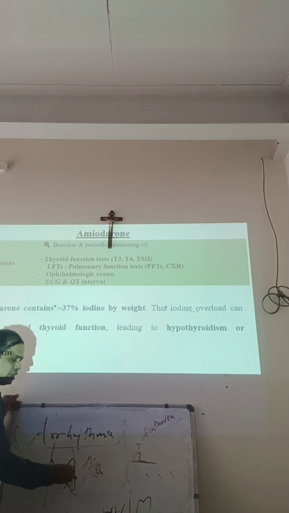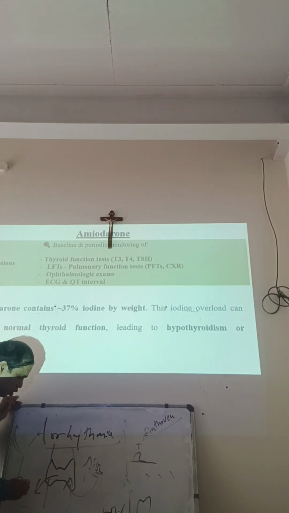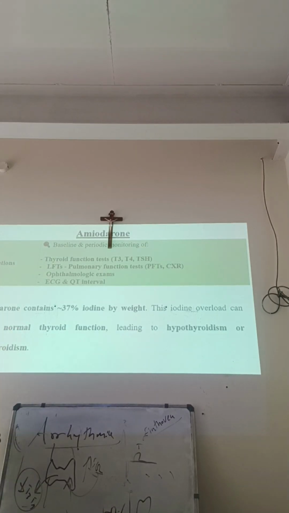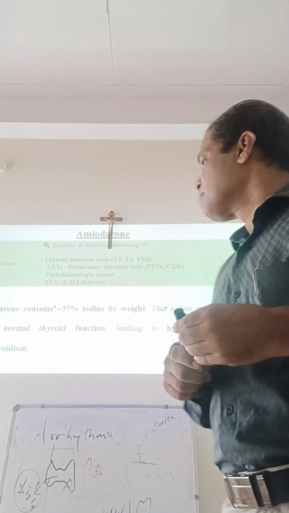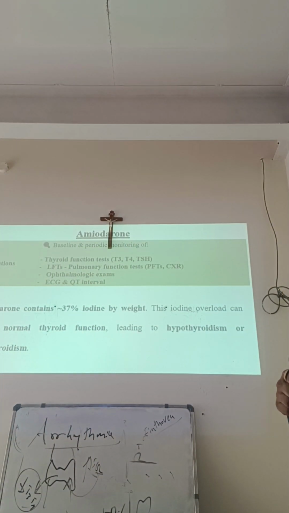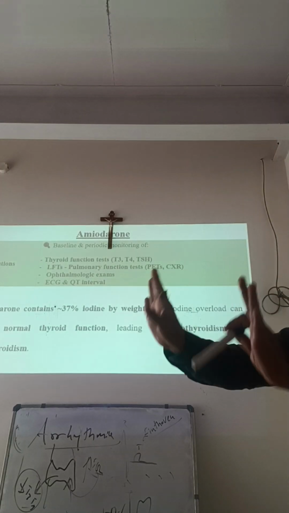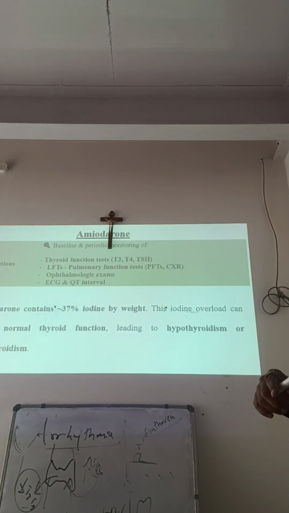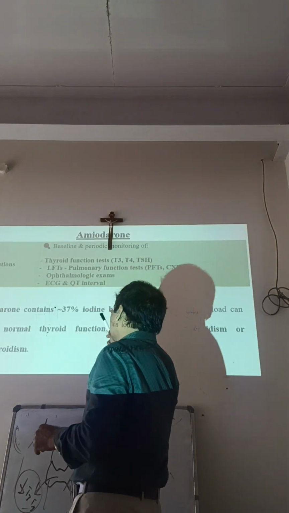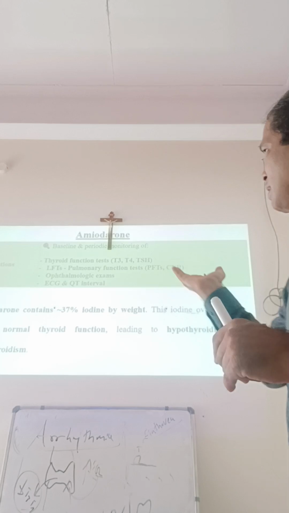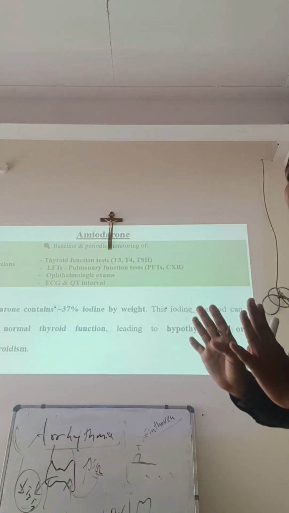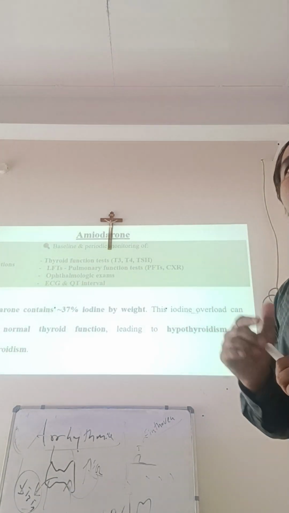If there is excess iodine, the hormone release gets stopped. There is a lot of physiology and biochemistry in this. Excess iodine also will inhibit T3 and T4 hormone release. So this drug already contains iodine, so that becomes excess. What it is getting from the food, this drug adds on to that, and the release of hormone from the gland can be disrupted.